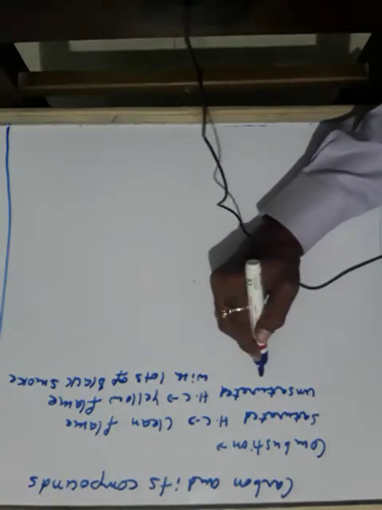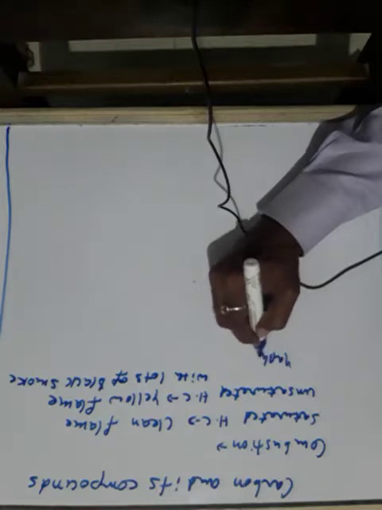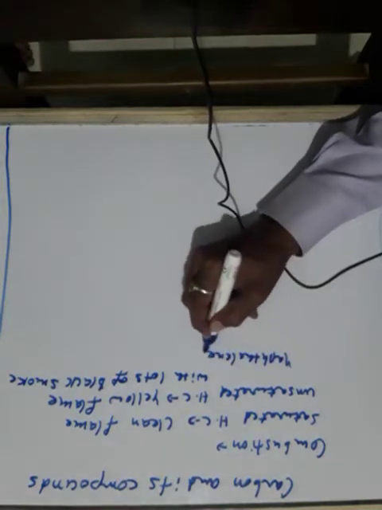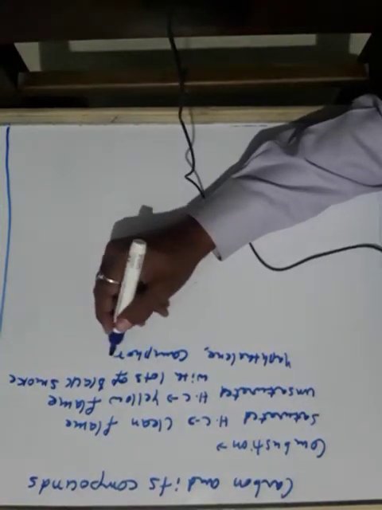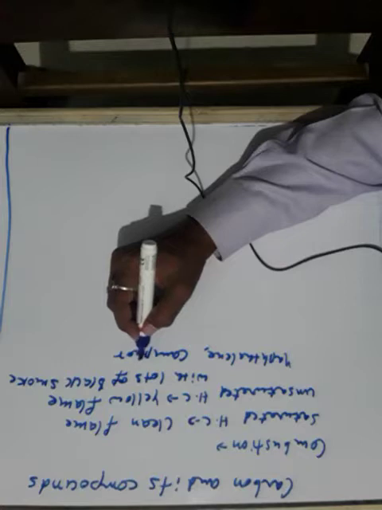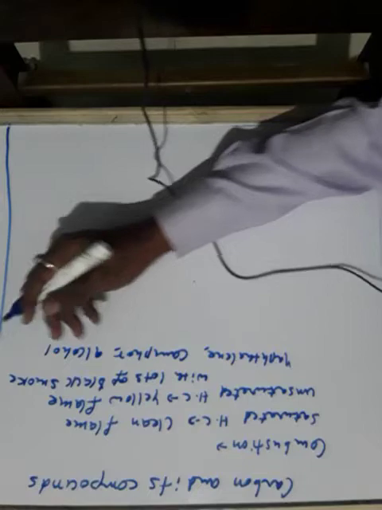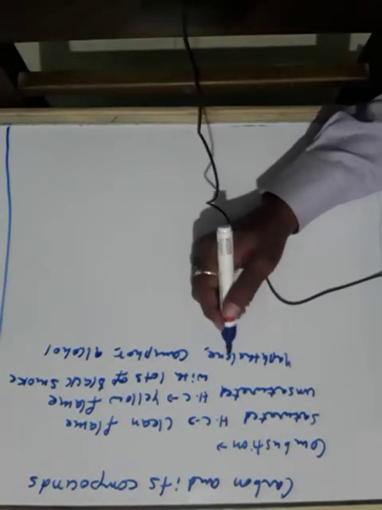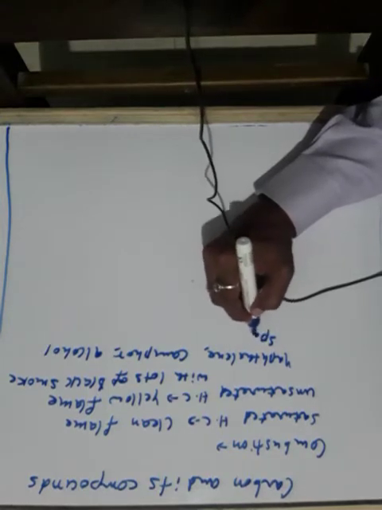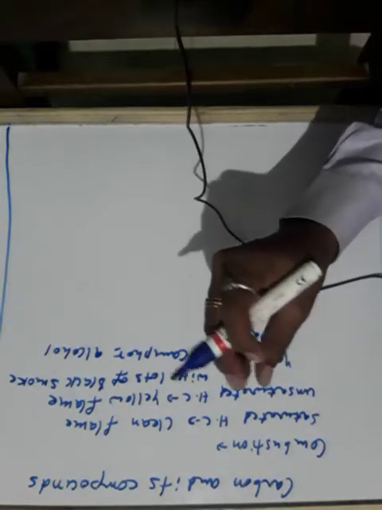There is one activity given in your textbook. Take some hydrocarbons or carbon compounds like naphthalene, camphor, or alcohol, and burn a little in the spatula. Generally in chemistry language we call it a spatula, not a spoon.